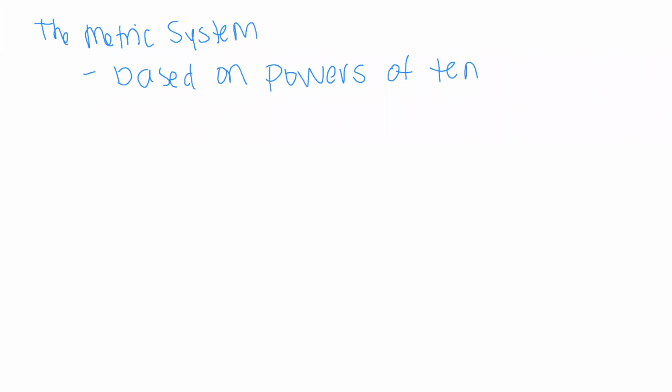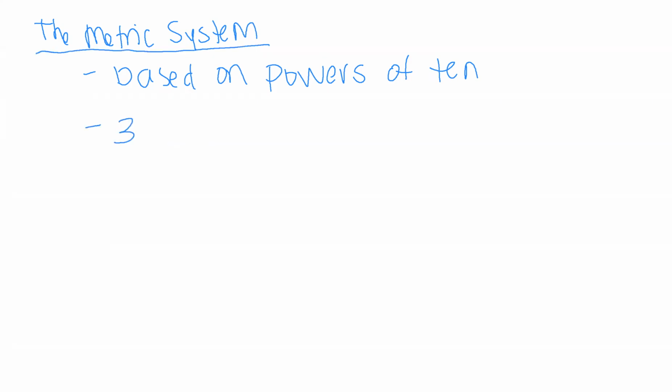You do the same thing in the metric system. You can multiply by some unit fraction, but all of those unit fractions are going to be based on powers of 10. And multiplying and dividing by powers of 10 is really easy. Turns out you can just move a decimal either to the left or to the right. Okay, so I'll show you that method in just a minute, but just for now, keep in mind that the metric system is all based on powers of 10.